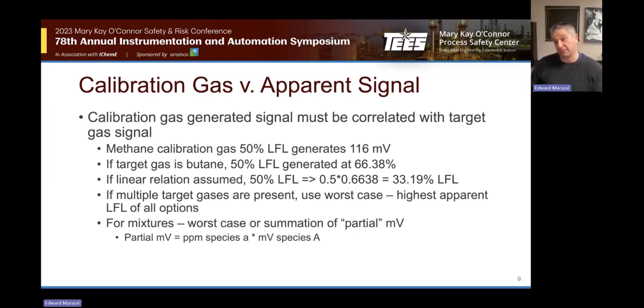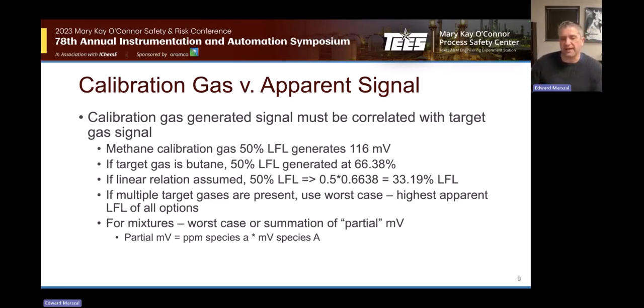One of your options is to try to get that witch's brew concoction created as a calibration gas. Not something that people will normally keep on the shelf, probably a very expensive thing to try to accomplish. So not really feasible for most people to get a calibration gas that actually is a mixture of the same mixture that they would be releasing.